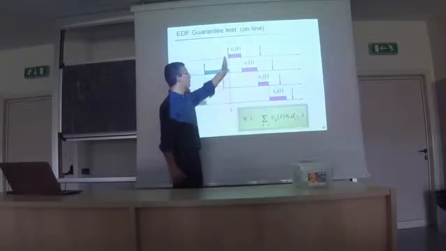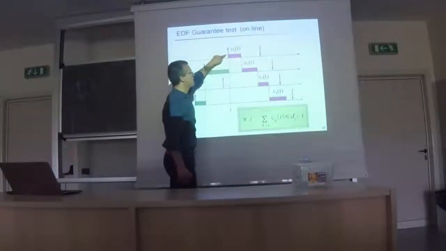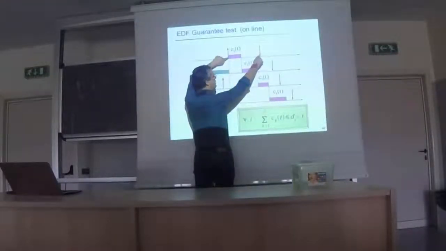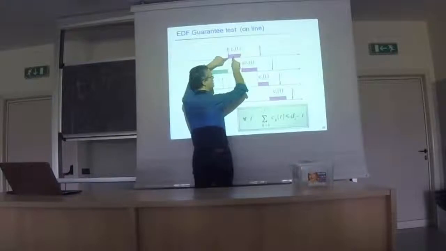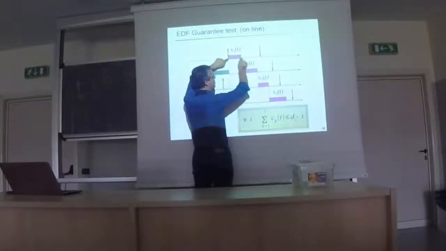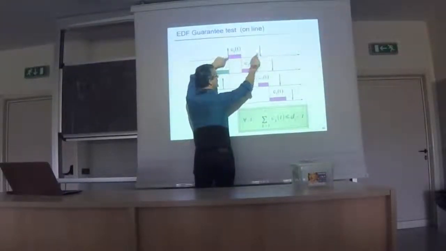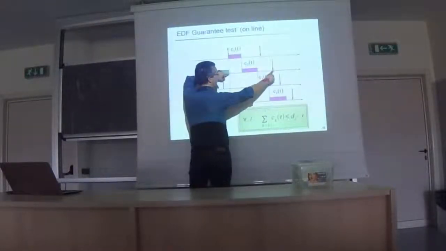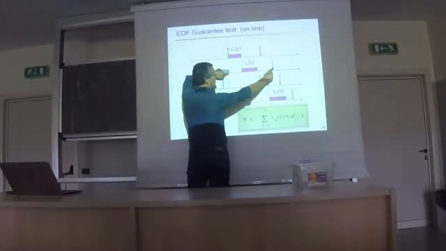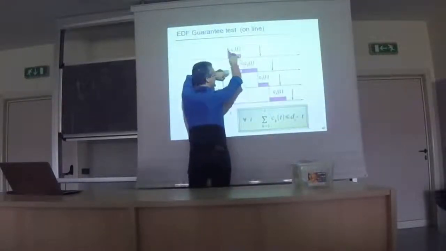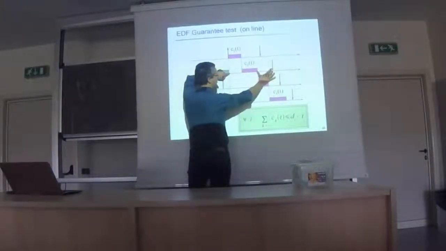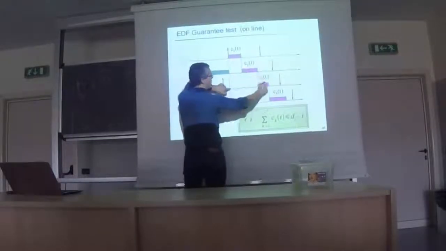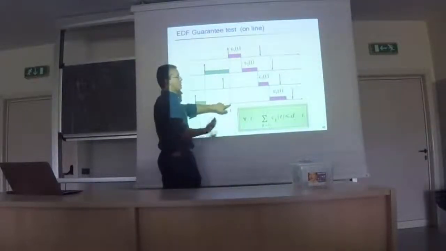I check for the highest priority task. I look at which tasks have a shorter deadline than my deadline. No one, so it's only whatever remains of my execution. Does it fit this minus this? Yes. Then I need to check for the second task. What are the tasks which have a shorter deadline than me? It's me and this one, so it's C1 plus C2. Is it shorter than this? Yes. Then I repeat another test, 1, 2, 3, and then I repeat the last test.